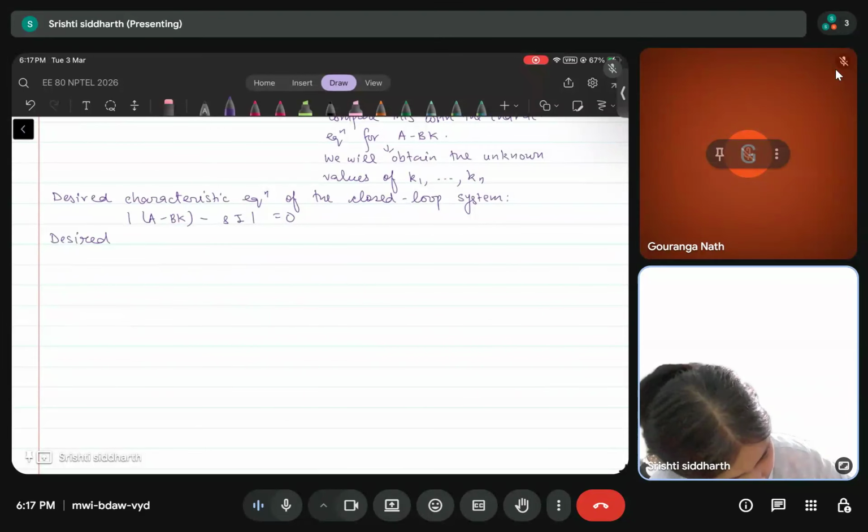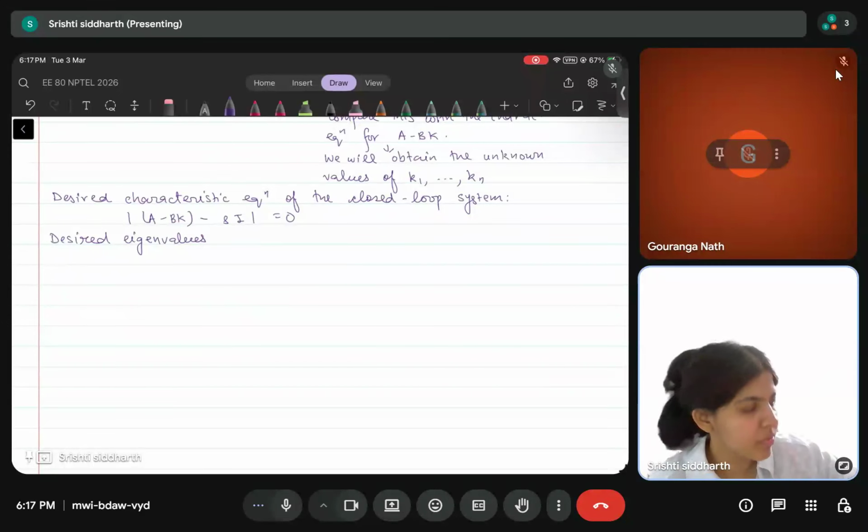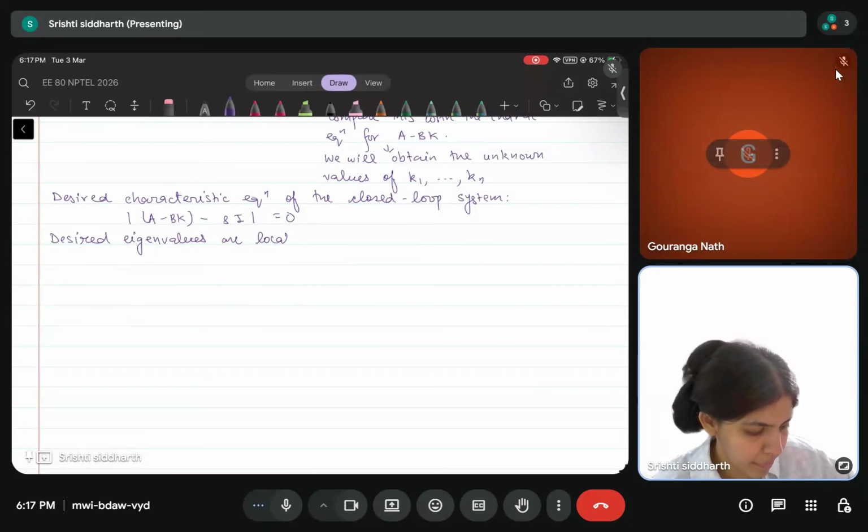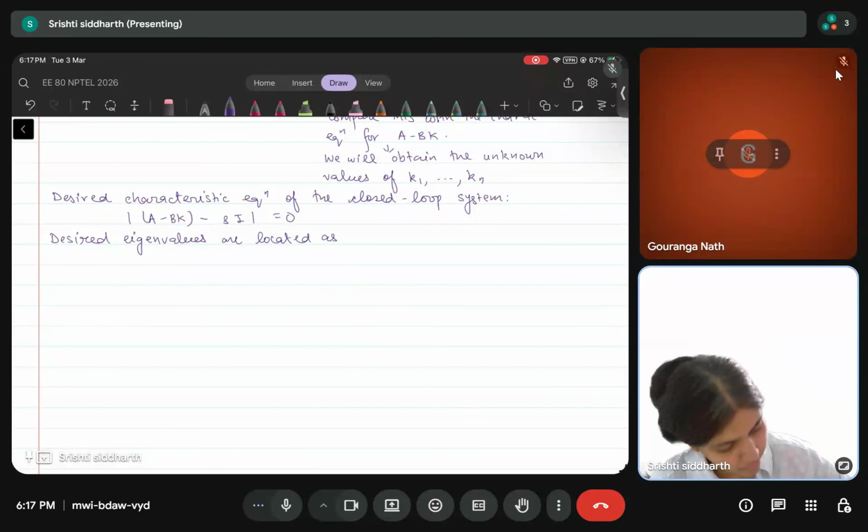There are going to be n desired eigenvalues for an nth order system. Desired eigenvalues are located at lambda 1 till lambda n.